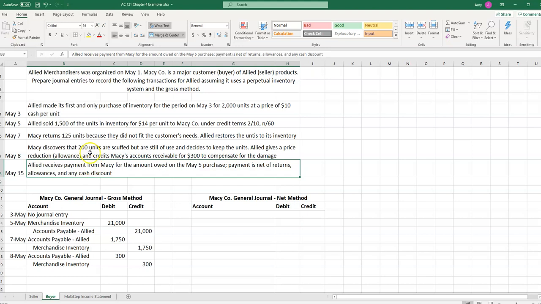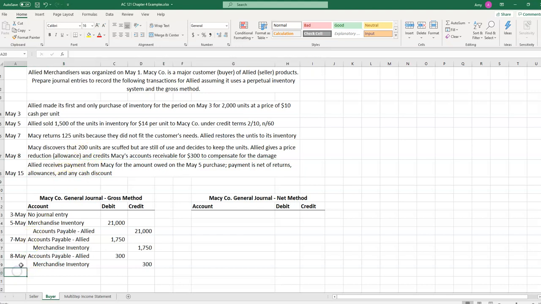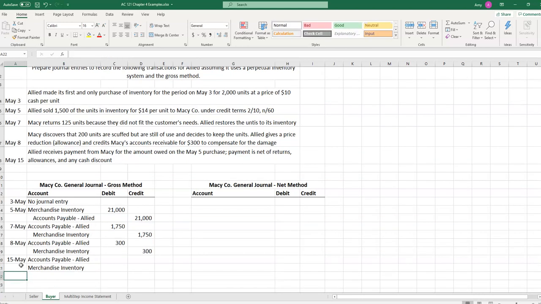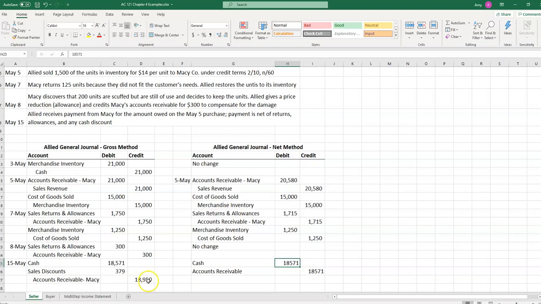Then on May 15th, we pay for the sale. We reduce our accounts payable. Instead of a sales discount account, we put it in our merchandise inventory account. We reduce our merchandise inventory by the amount of the discount. So our accounts payable is $18,950.